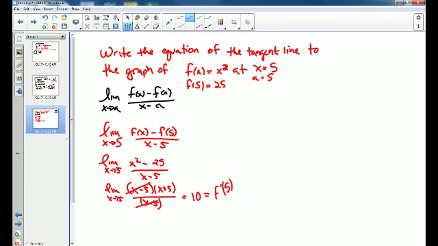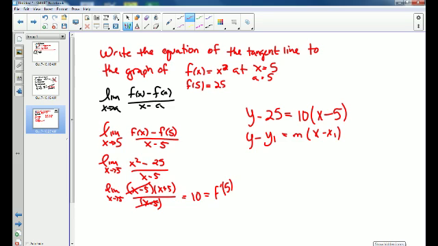What's the equation? What's your y value? Slope. x value. So when you write the actual y minus whatever, that's from last year, pre-calc.